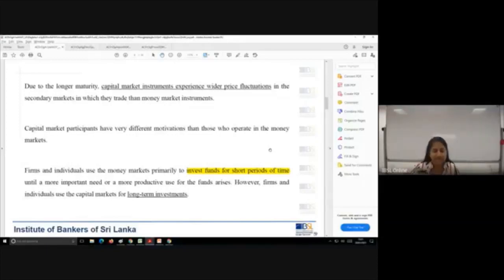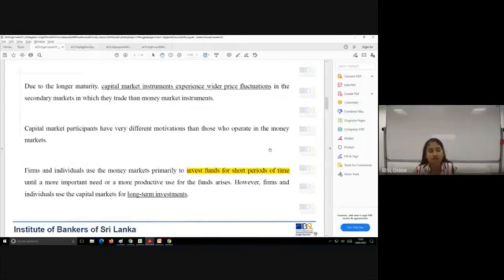But here, what is their thinking? Is it to invest money just for a short time? No. You're coming to capital markets with the intention of maximizing your wealth. That is going to be your goal as an investor in a capital market.